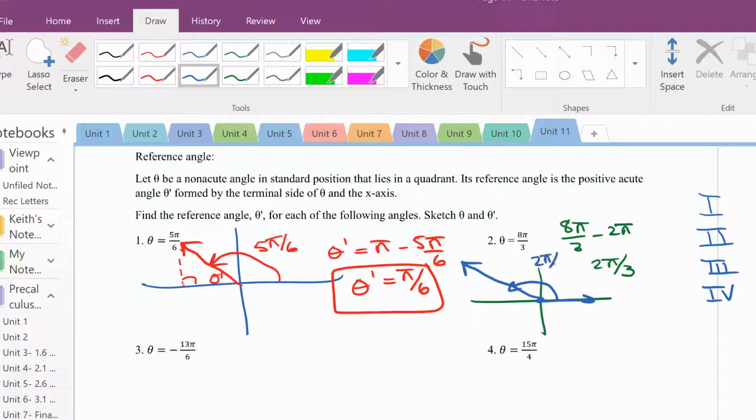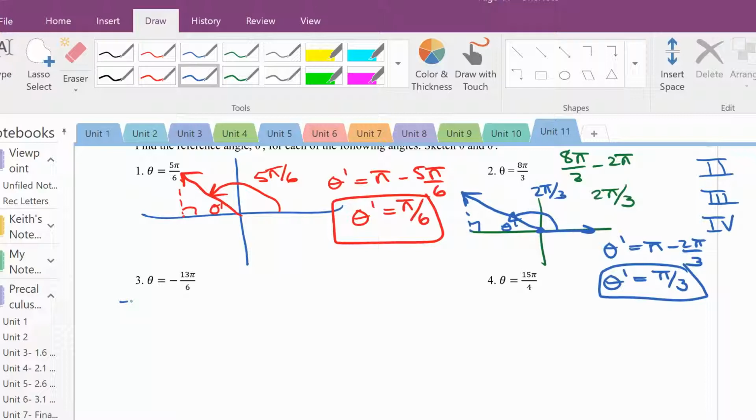So it's 2 pi over 3. And the reference angle is right here. And remember, in the second quadrant, the reference angle is equal to pi minus the angle, which is 2 pi over 3. So the reference angle is equal to pi over 3.